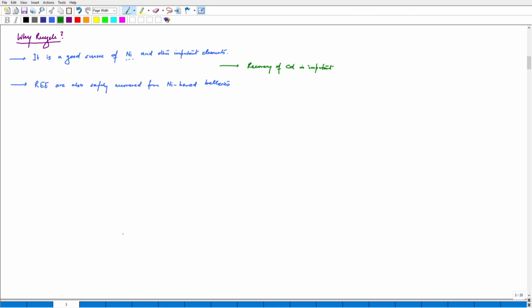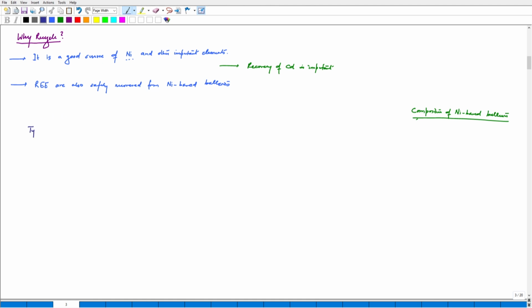Now, how do we really understand what is inside a nickel based battery? So, we will understand the chemical composition of nickel based batteries. So, we know that there are two categories.